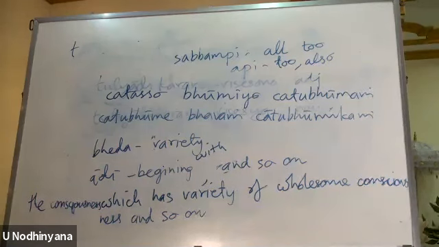For example, here Kamavajara Kusalaadi Beda is an adjective to the Chatu Bhumika Chaitam. The Sabbampi is also connected to the Chatu Bhumika Chaitam.